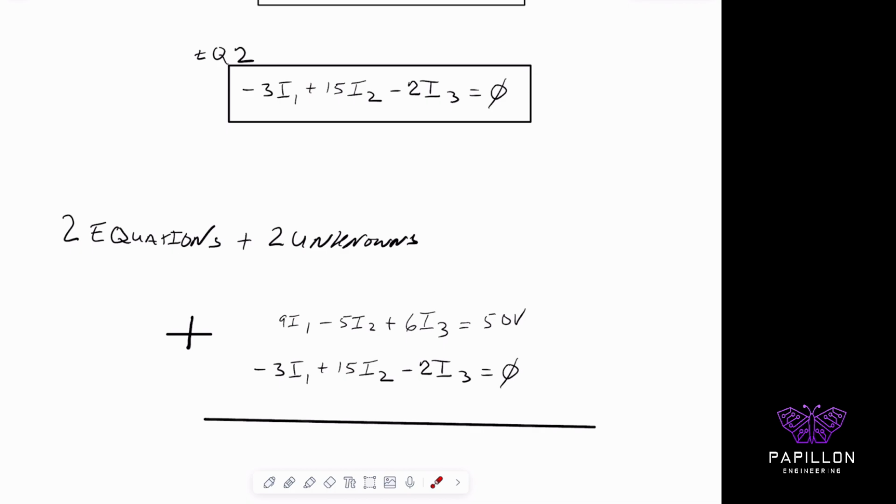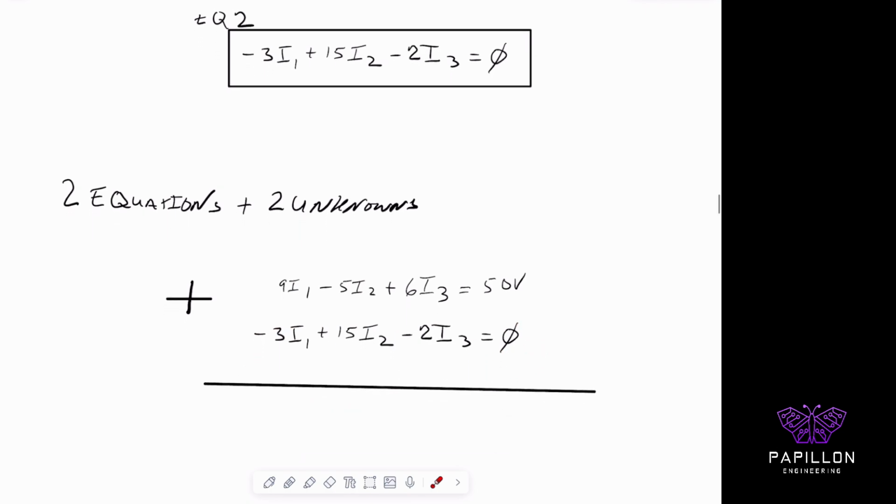If I combine these two equations, 9i1 minus 5i2 plus 6i3, from this bottom equation, which is our equation 2, we're left with 6i1, 10i2, and 4i3, and positive 50, which means I'm still not getting anywhere. Nothing actually simplified.